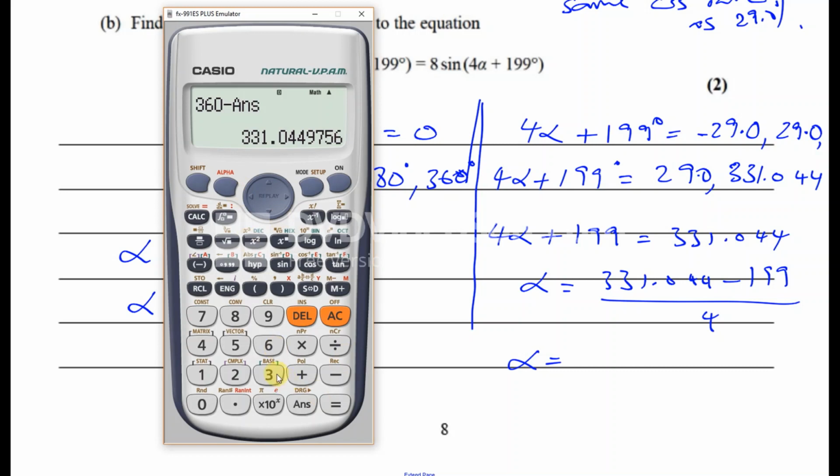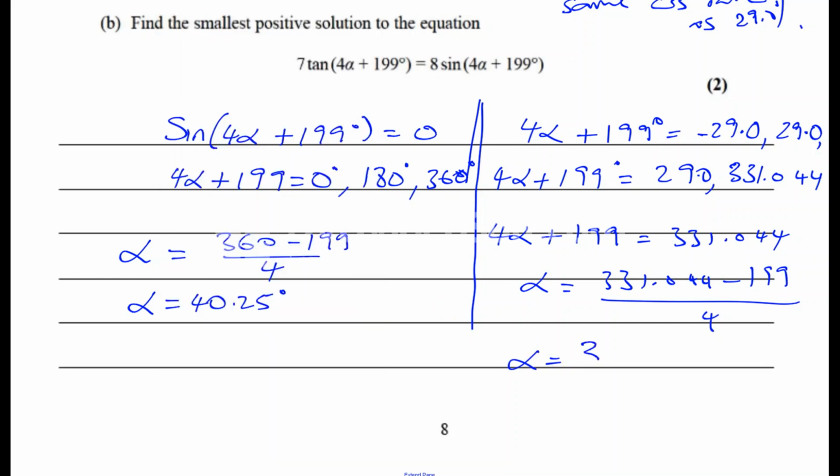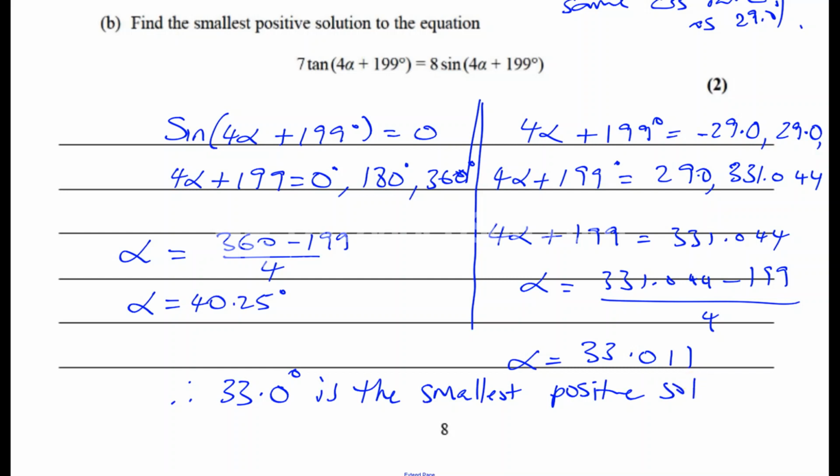So this minus 199, and then divided by 4, gives me 33.011. Therefore 33.0 degrees is the smallest positive solution.